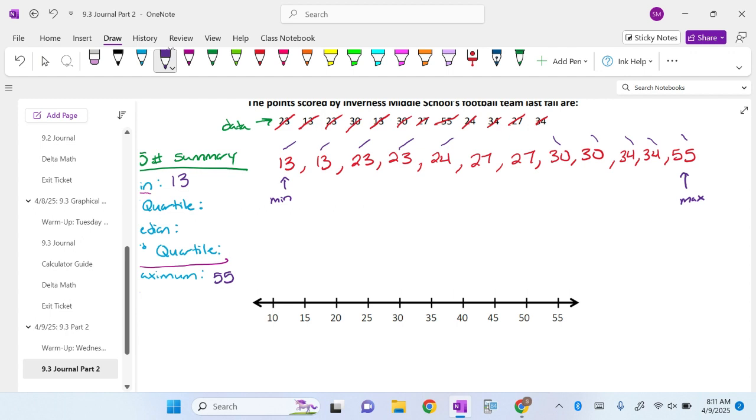You'd have to do what to the two numbers? Find their what? So guys, this is a review from not only middle school, but elementary school too.